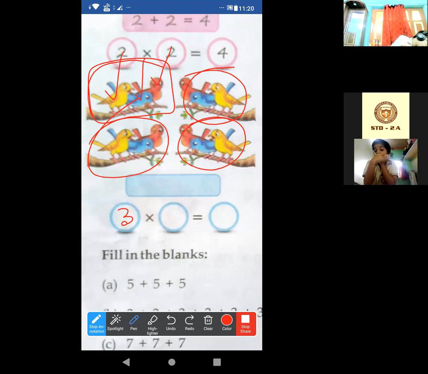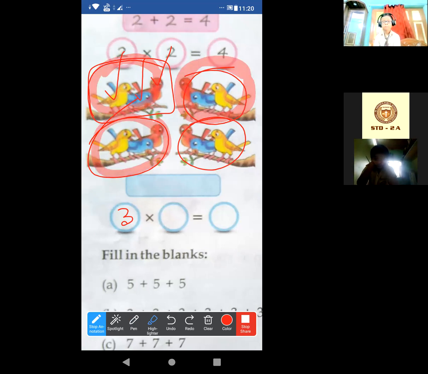Lamia, Rishit, clear? Now, how many times are these? Look. First time, second time, third time, fourth time, right? 4 times, there are 1, 2, 3, 4.